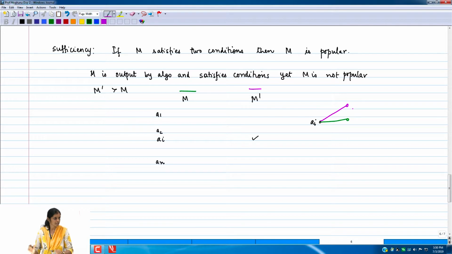Remember that the pink partner must be different from the green partner, otherwise there is no preference, it may not have voted at all. So can the green partner be F of A? No. Therefore, the only choice that we have is S of A, right? So this is the green partner, which is S of A. We don't know what S of A is. It could be L of A, it could be a true post. Now what should we do?